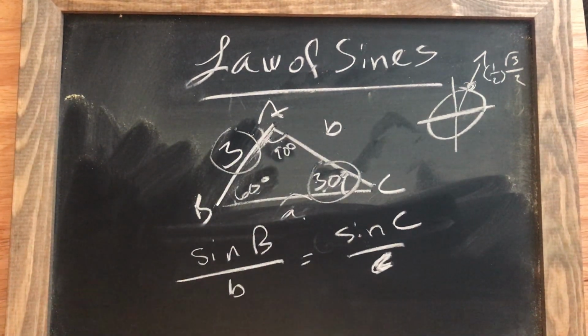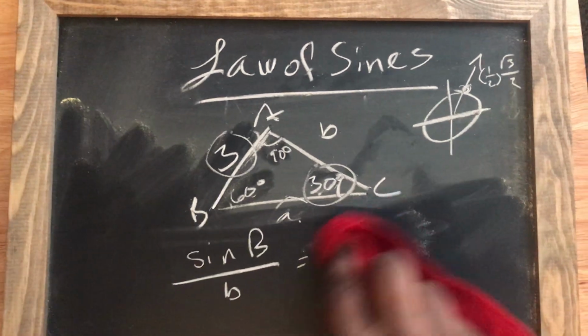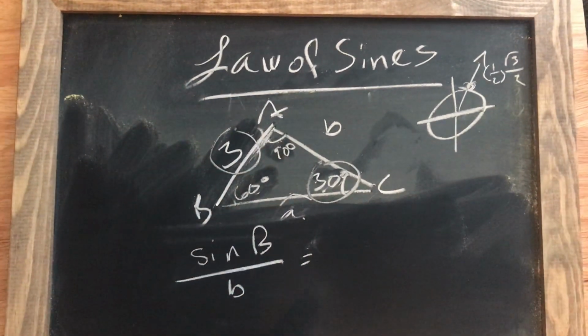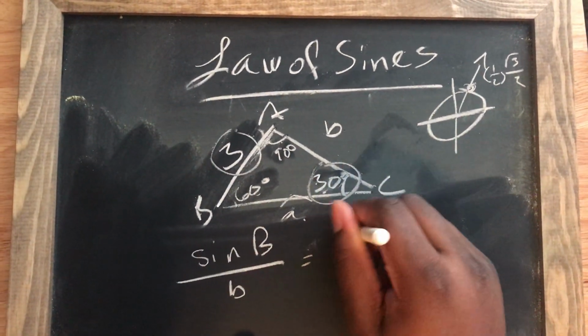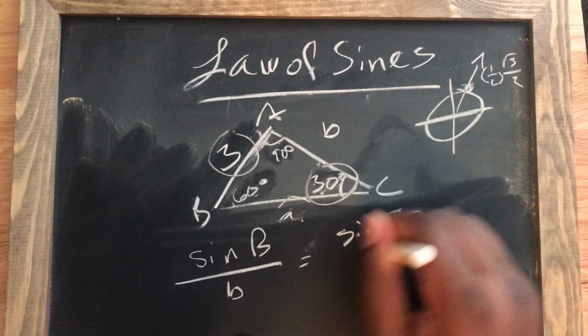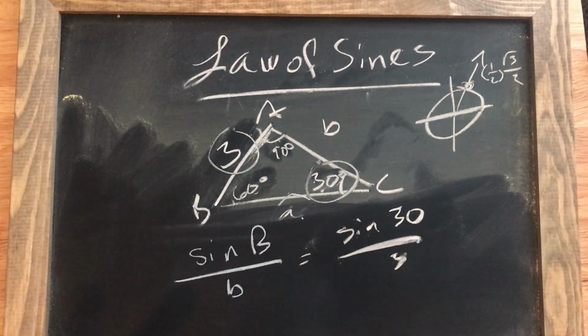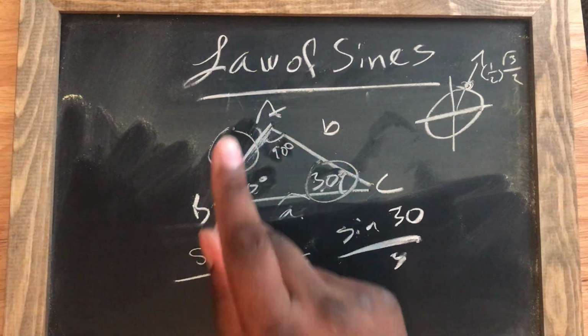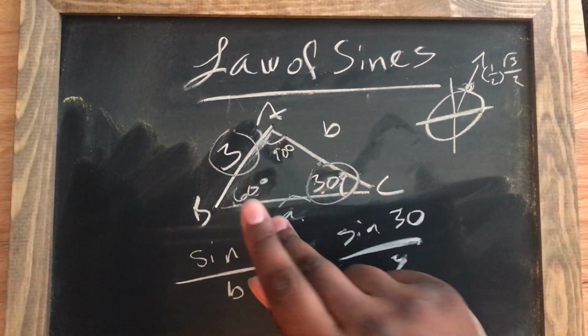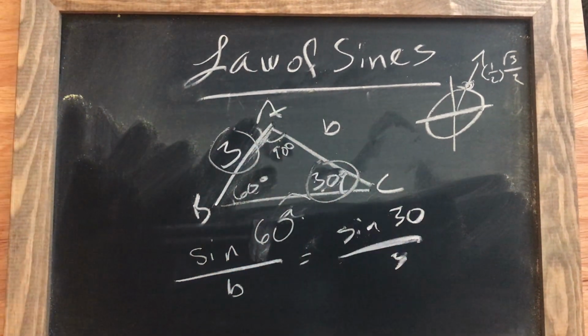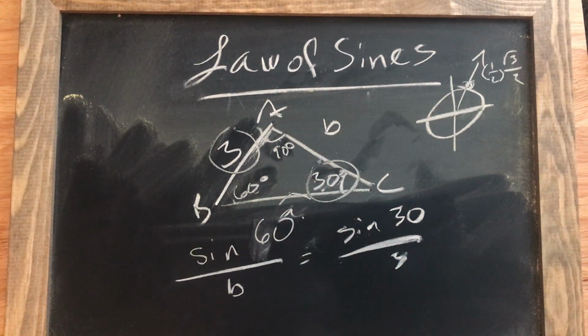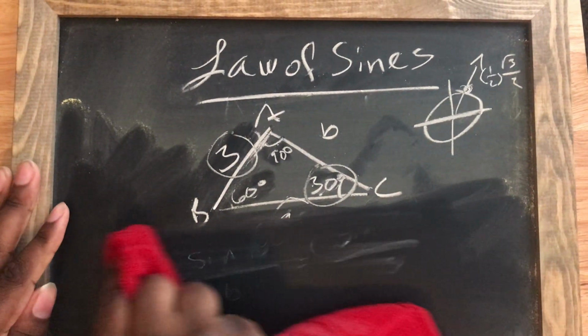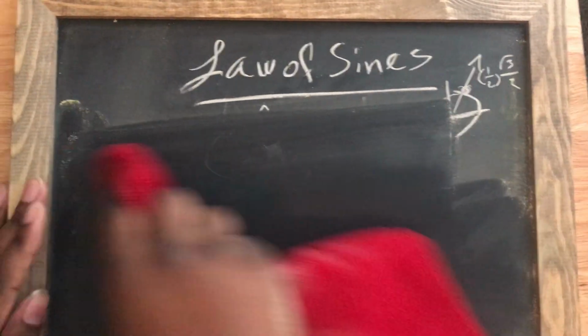So that way, I can now just replace it with sine 30 over 3. Now, I already know what angle B is. This has to be 60. So to find b, all I have to do is cross multiply, do some algebraic tricks, and fix it. So that said, I'm going to get rid of the diagram here.